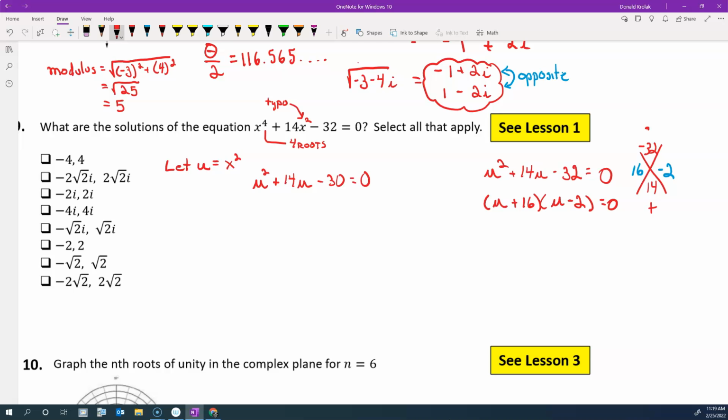So I turned it into something that I know how to factor. Okay, now this is easy to factor. Right, so it's going to factor into those two things.